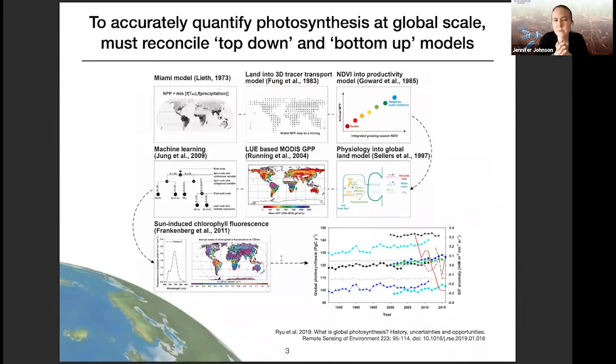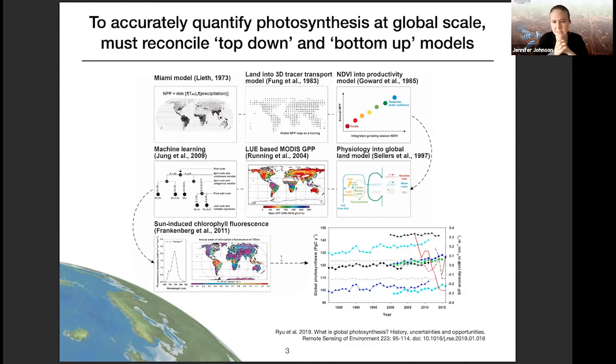In order to use measurements of solar-induced fluorescence to accurately quantify photosynthesis at the global scale, essentially what we need to do is to bring together the top-down and the bottom-up modeling frameworks that have been developed to study large-scale photosynthesis.